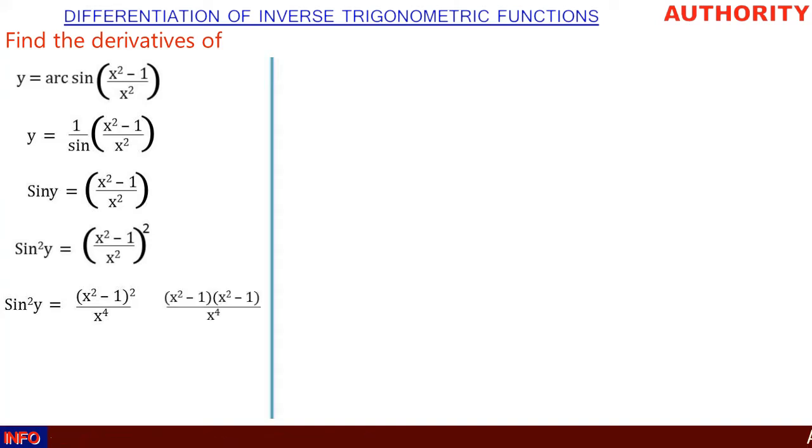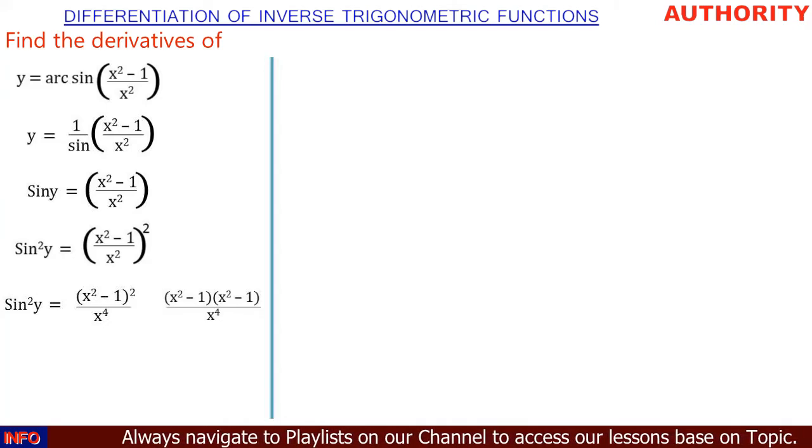It's the same as opening this same thing into two places, because when we say 2 squared, it's going to give us 2 times 2. So here we have (x squared minus 1) squared. That means we're going to open it into two places. We have (x squared minus 1) in bracket times (x squared minus 1) in bracket.